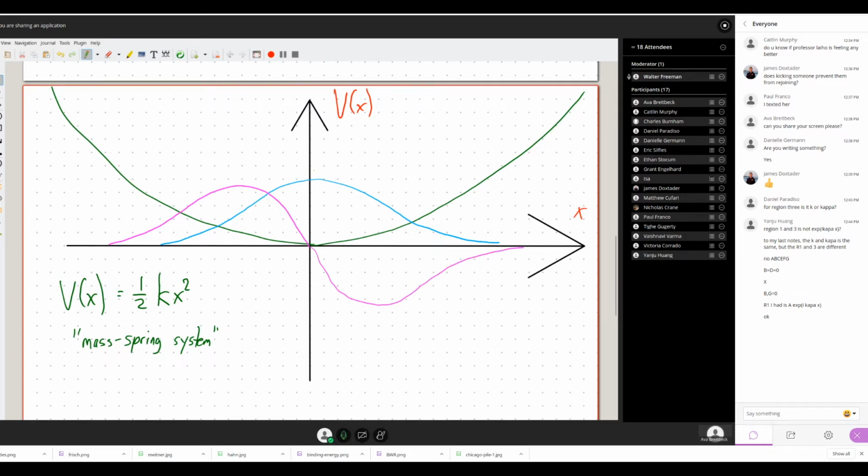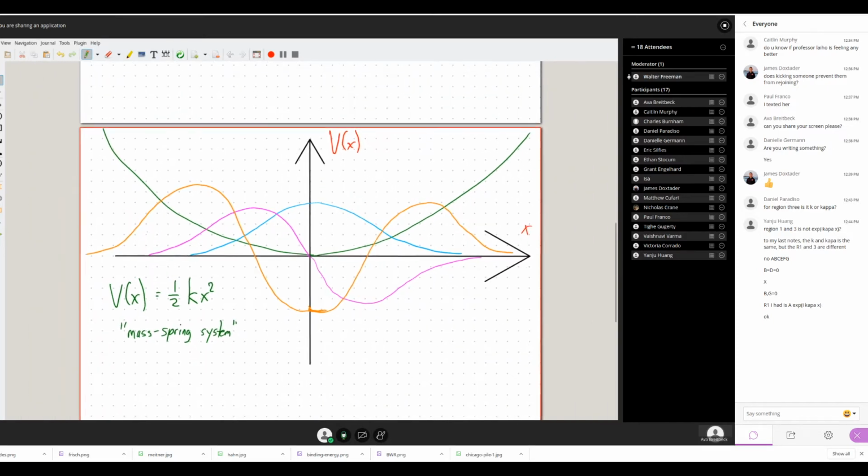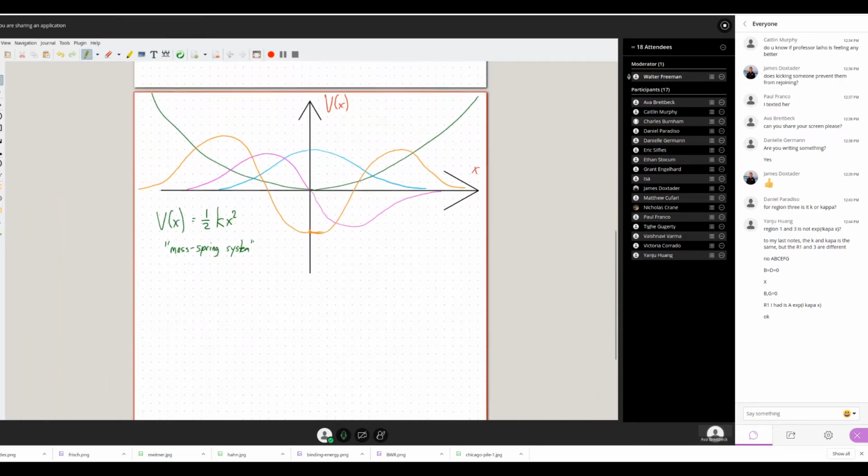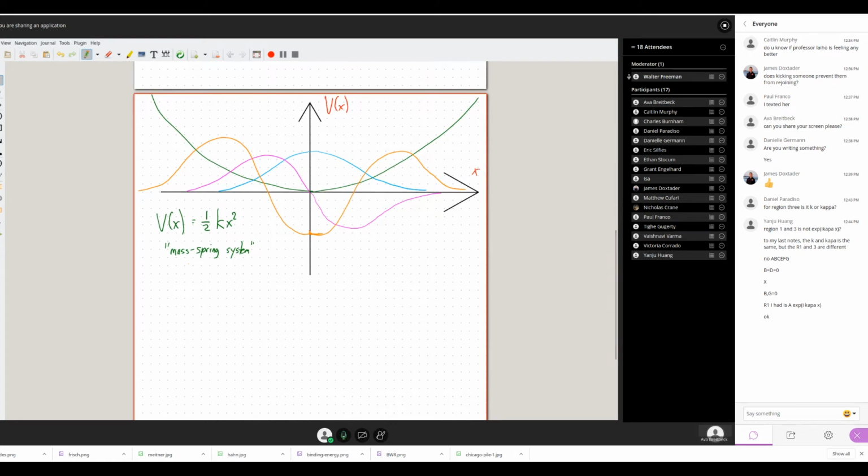The next state has one more wiggle. So that's up and then over. Up and then over. And so on. So this is analogous to a mass spring system, but it's any system where the potential is quadratic. This is called a simple harmonic oscillator.